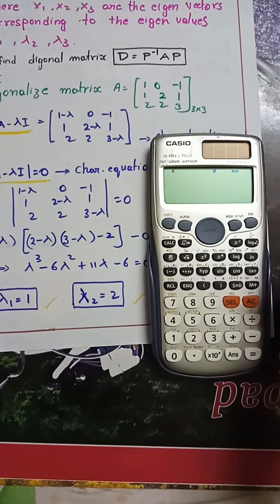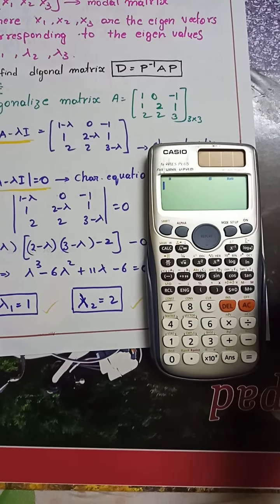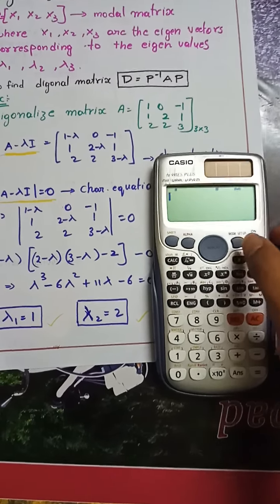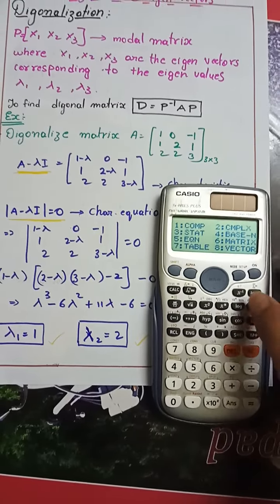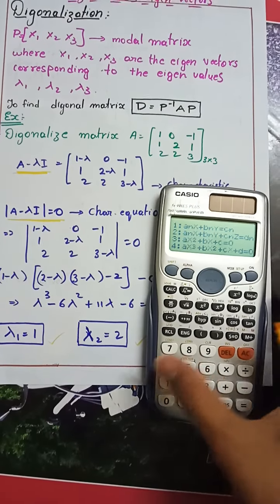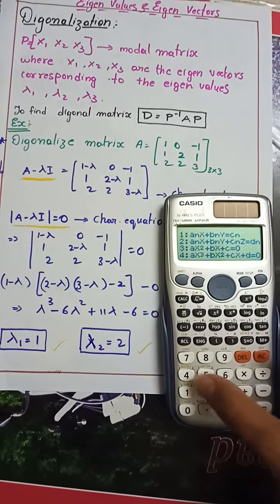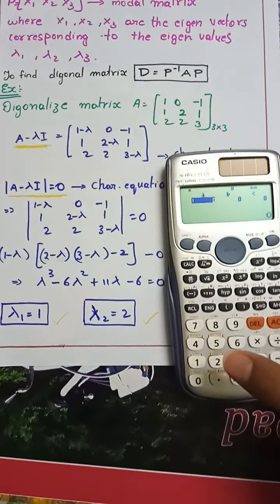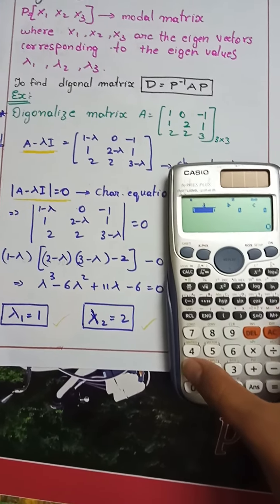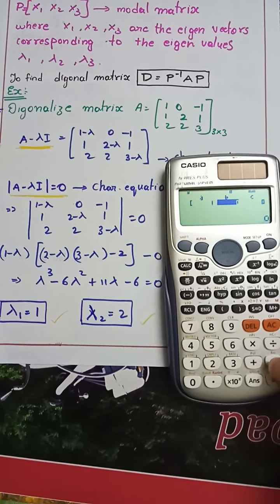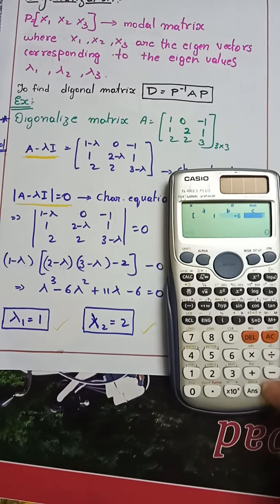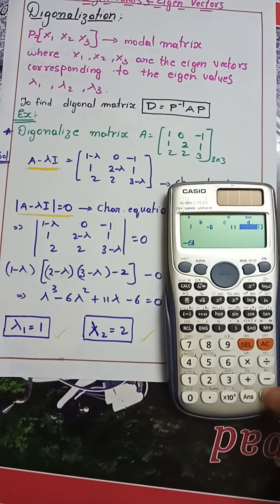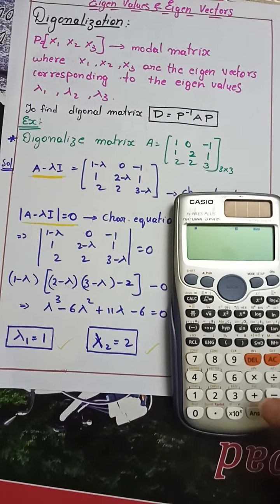After solving this equation by using a calculator, we can get the roots, which are nothing but the eigenvalues. Now go to mode and select the equation option, that is 5, and select the degree of the equation, that is cubic, which is 4. Now enter the coefficients: 1, minus 6, 11, minus 6, equal, and again equal.